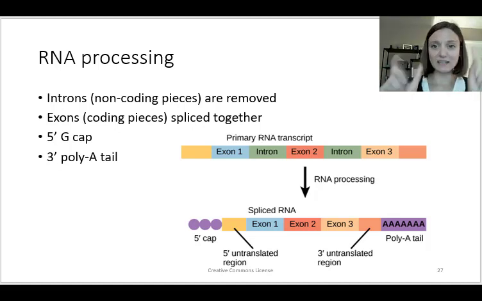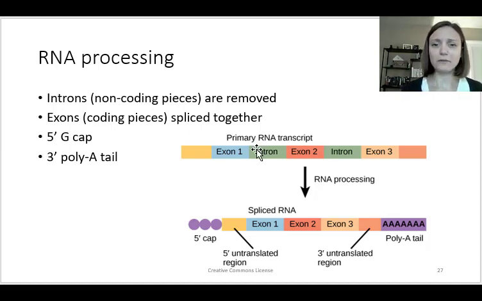And then the exons, the pieces that contain the information for that specific protein, are going to be spliced together. They're going to be stuck together. Splicing just means basically cutting up that piece of DNA or RNA. Here we're cutting up RNA, and we're going to stitch back together those exons.